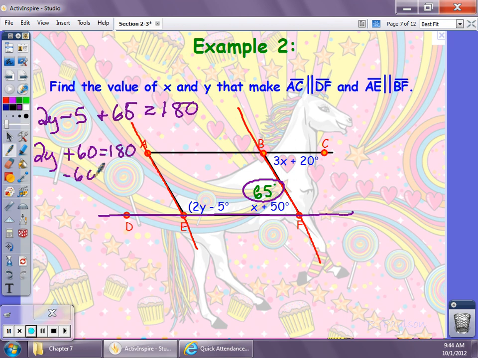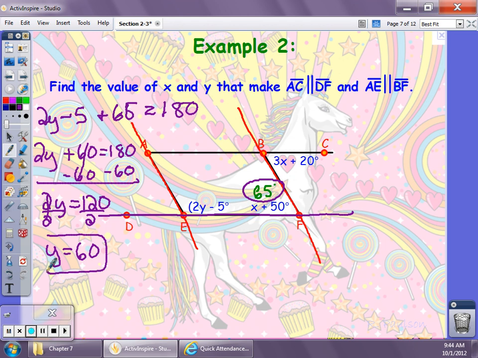And when I subtract 60 from both sides, I'm going to be left with 2y is equal to 120. And now when I divide by 2, I can see that the y value that would make both of those same side interior angles supplementary would have to be 60 degrees.